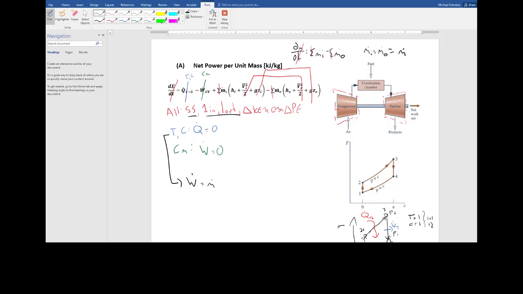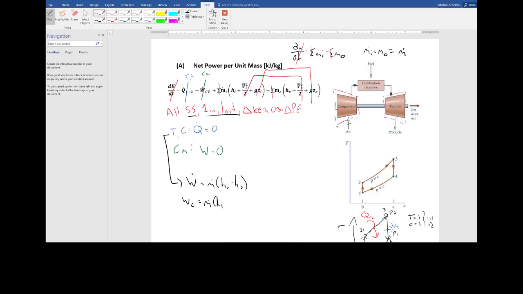So if I talk about a power, then this is going to be m dot times h in minus h out, which means that the compressor power is going to be m dot times h1, the inlet, and h2, the outlet.